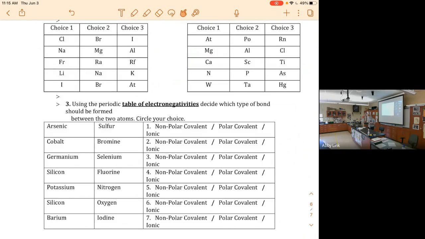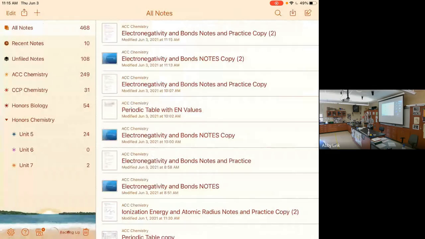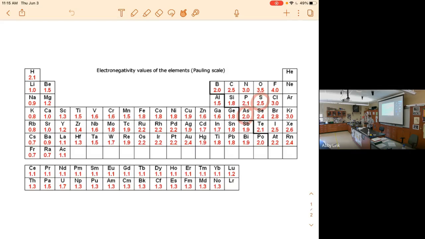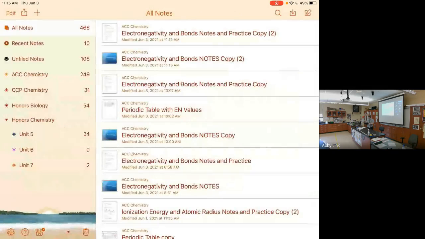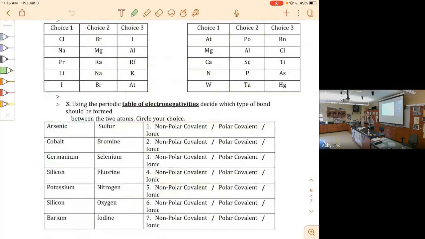All right, question 3 starts to deal with the electronegativities. So here's what I want you to do. I want you to find the elements that they list for you. So arsenic and sulfur. Arsenic is 2.0 and sulfur is 2.5. So then you would write in here, arsenic 2.0, sulfur 2.5. And then you would do that difference, right? 2.5 minus 2.0 gives you 0.5.